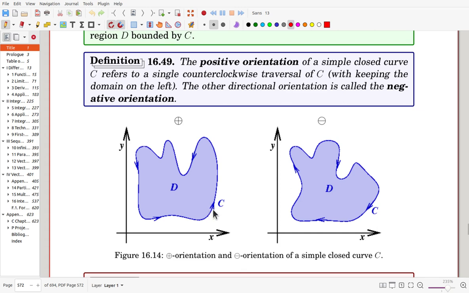So once you walk along the boundary, and if you can see the domain on the left-hand side, then the direction is positive orientation. For that one, it is a negative orientation. If you walk along the boundary, then you see the domain on the right side, then it is negative orientation, and this is positive orientation.